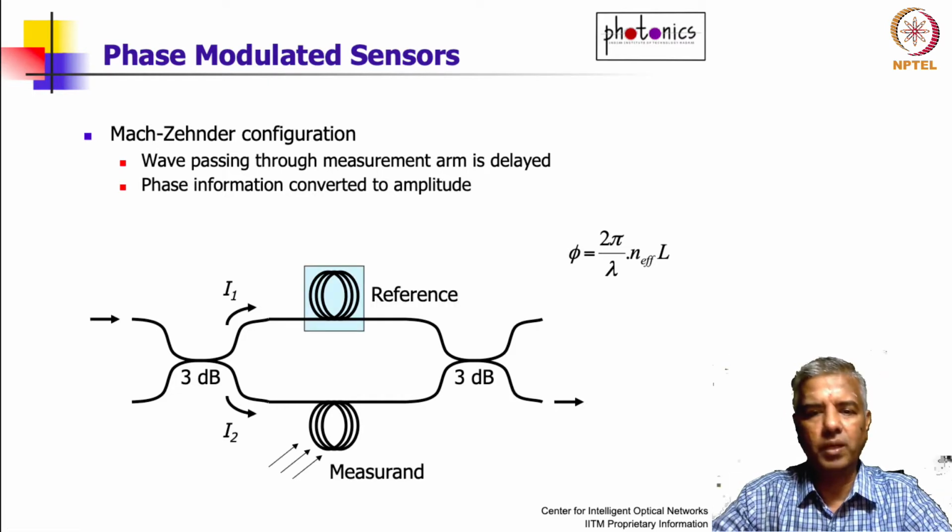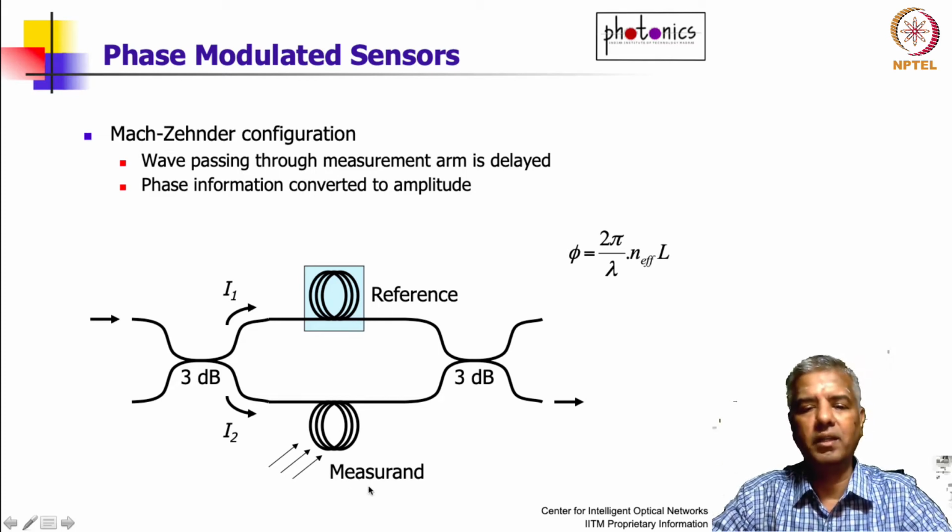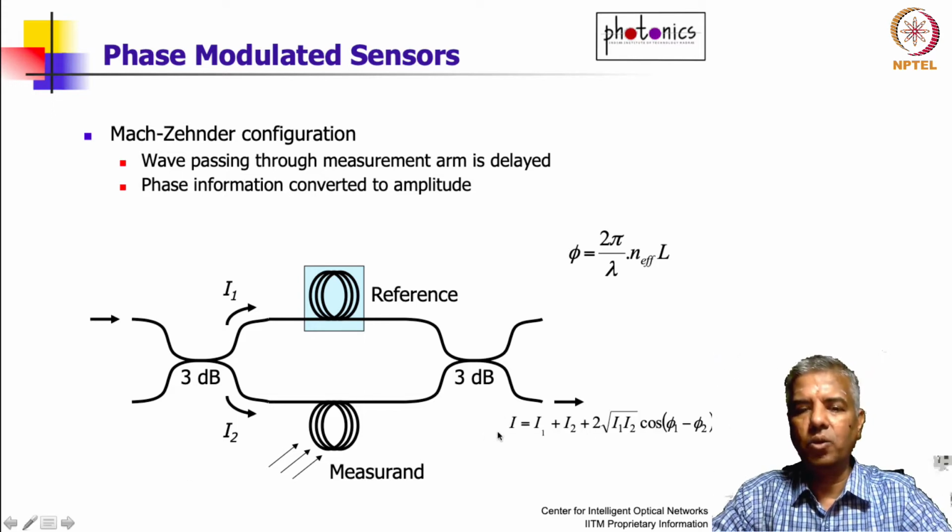One of them can be looked upon as a reference arm, and the other one as the measurement arm. I'll tell you why that terminology is important. When you look at the total intensity, it corresponds to the intensity of the individual arms, and then you have a beat component. The key part here is that the beat component has a sinusoidal dependence on the relative phase difference between the light propagating in the two arms.